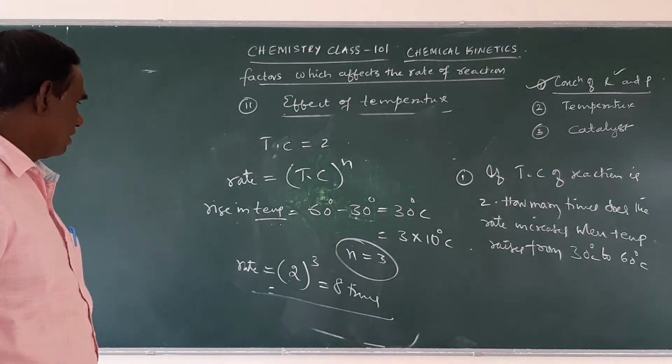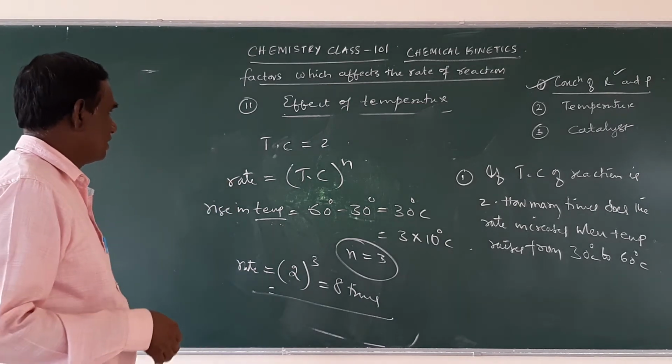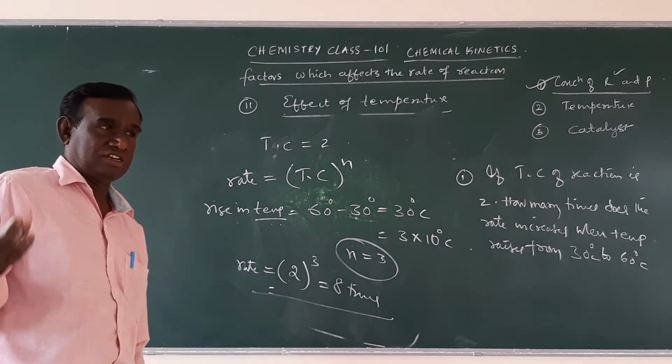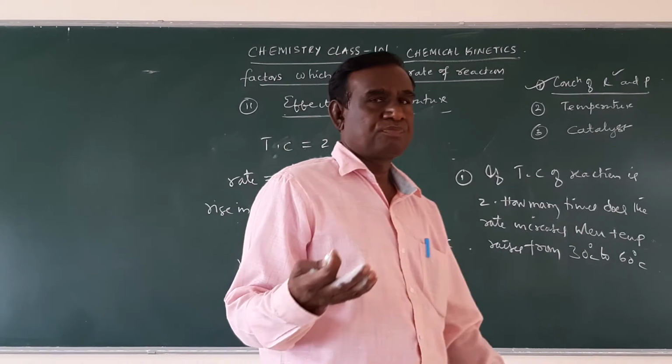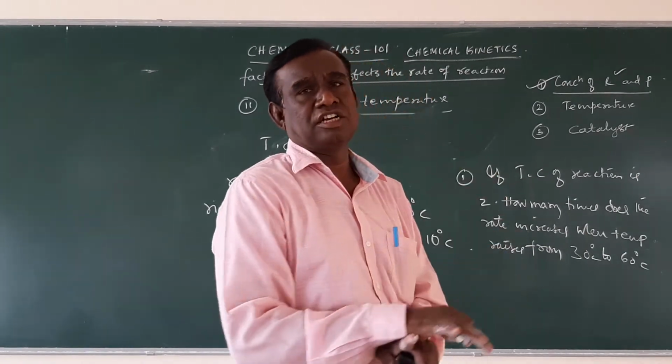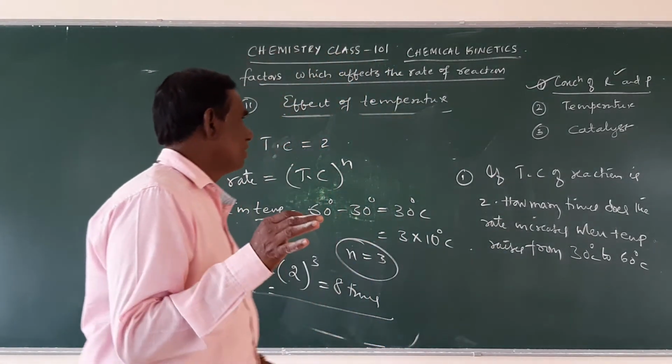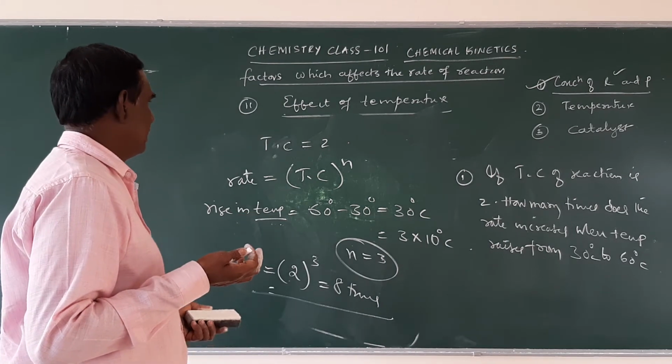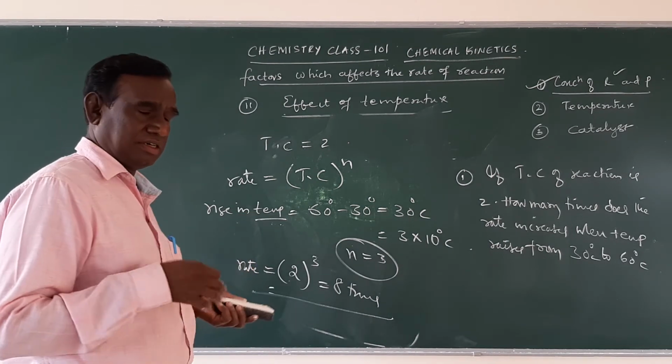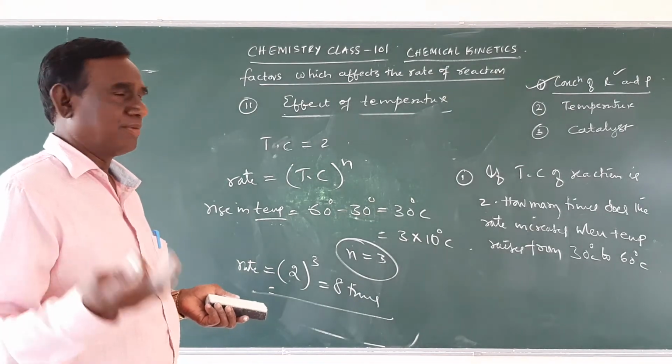Okay, that is how we can explain the effect of temperature. As the temperature increases, the rate of a chemical reaction also increases. That is how we can explain the temperature dependence of the rate of a chemical reaction.